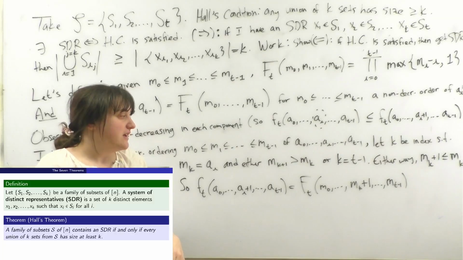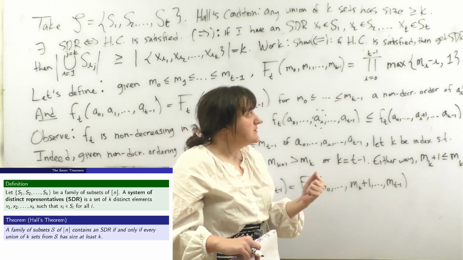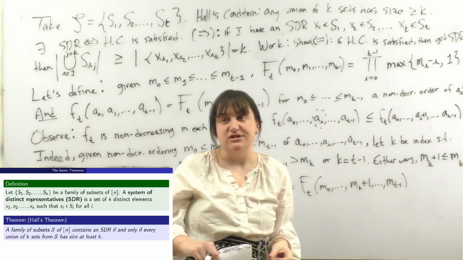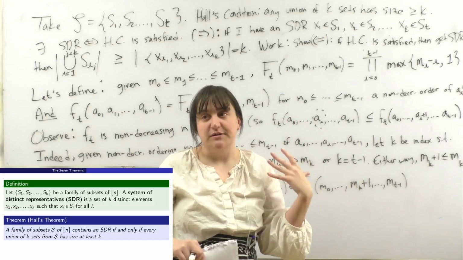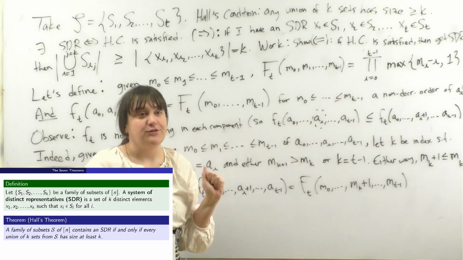So if m_k plus 1 minus k is still less than or equal to 1, my kth term doesn't change. If it's bigger than 1, I'm multiplying here by a strictly bigger number than I was multiplying for just a_0 through a_{t-1}.